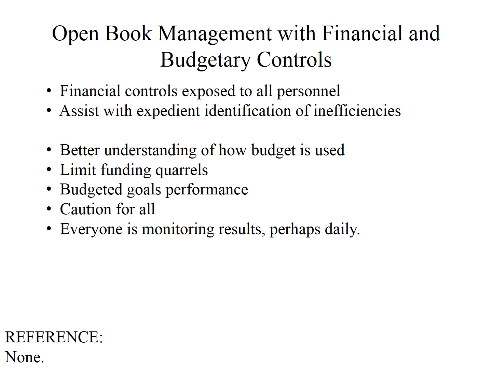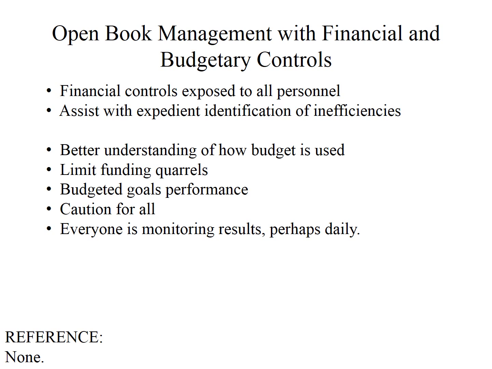The better understanding of how the budget is used helps everybody because it limits funding quarrels. In the Army, everybody always feels like they need more money, or are more deserving than the next unit or the other platoon. And then budgeted goals per performance are known by everybody, so everybody knows what they're shooting for.